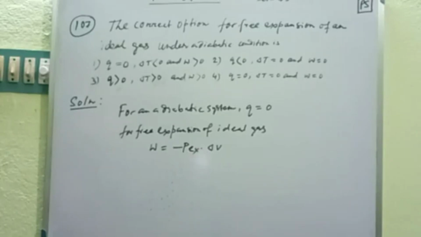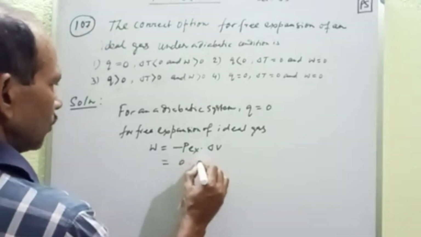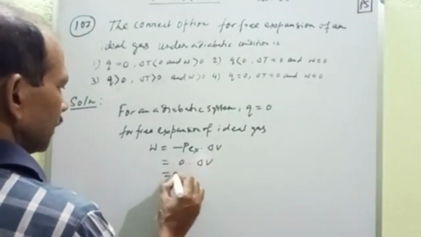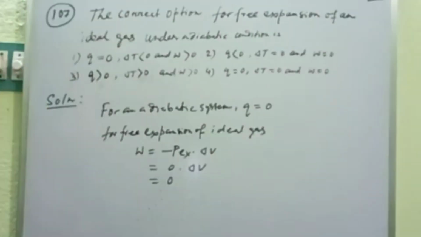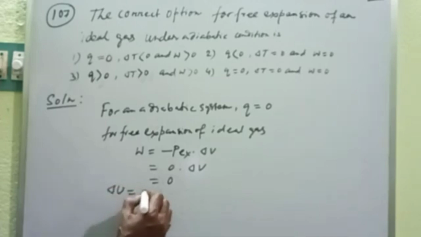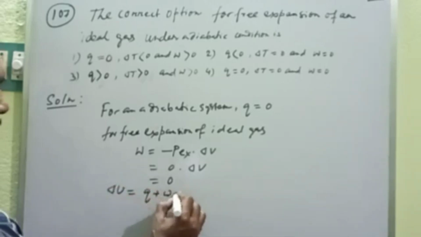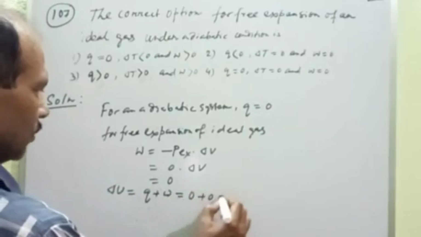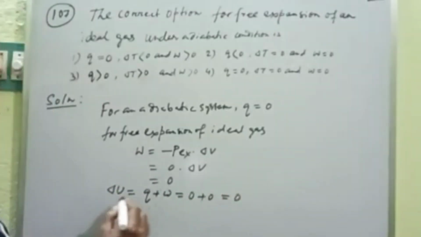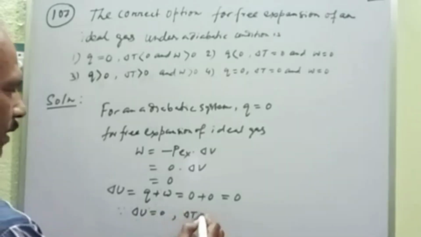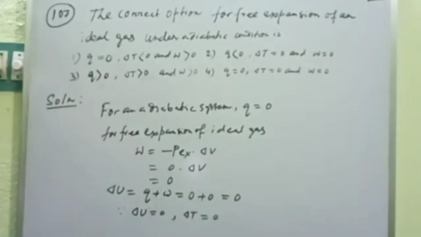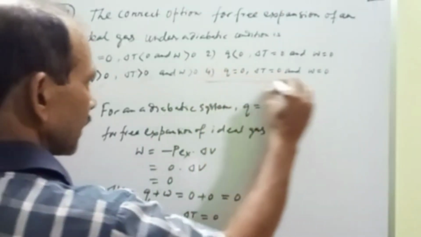Therefore, W equals 0 into delta V. That means W ultimately becomes 0. Change of internal energy delta U equals Q plus W, therefore 0 plus 0 equals 0. As delta U equals 0, delta T should be 0. Therefore, option 4 is the right answer.